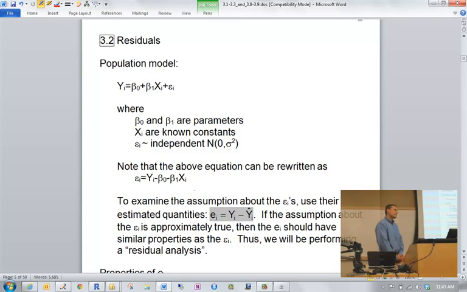Can I make a decision to not use beta 0? We typically always keep beta 0 in the model. There's going to be a case in chapter 4 where we can take it out. But we're going to typically always leave beta 0 in the model, because otherwise you always force the regression model line to always go through the origin on your plot. And that could then distort the relationship that you see there.